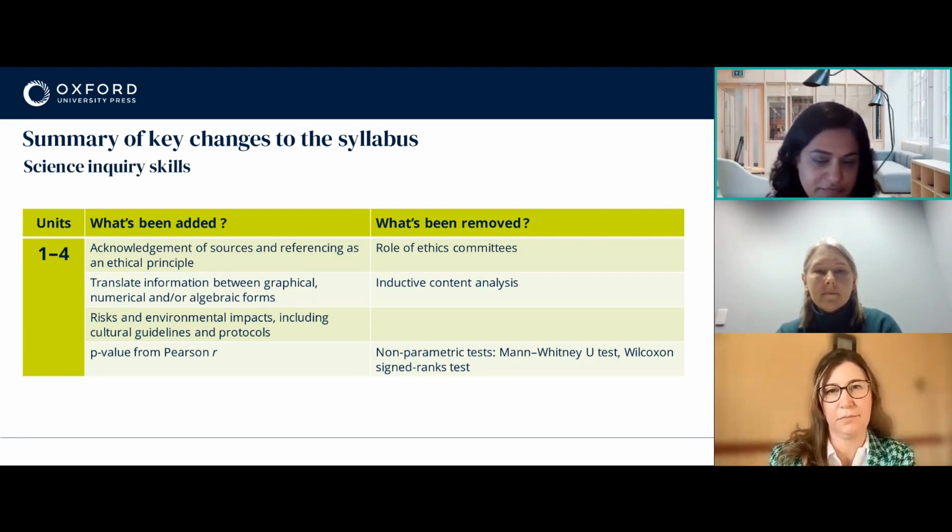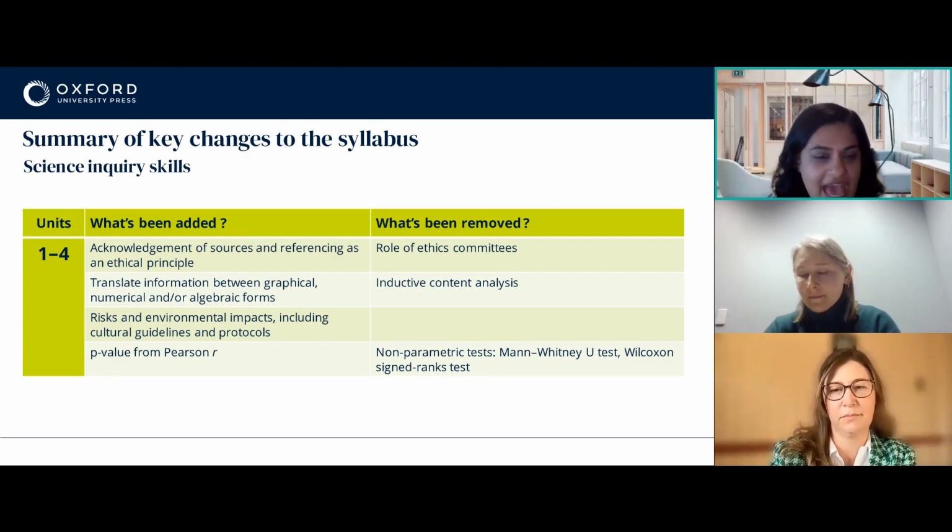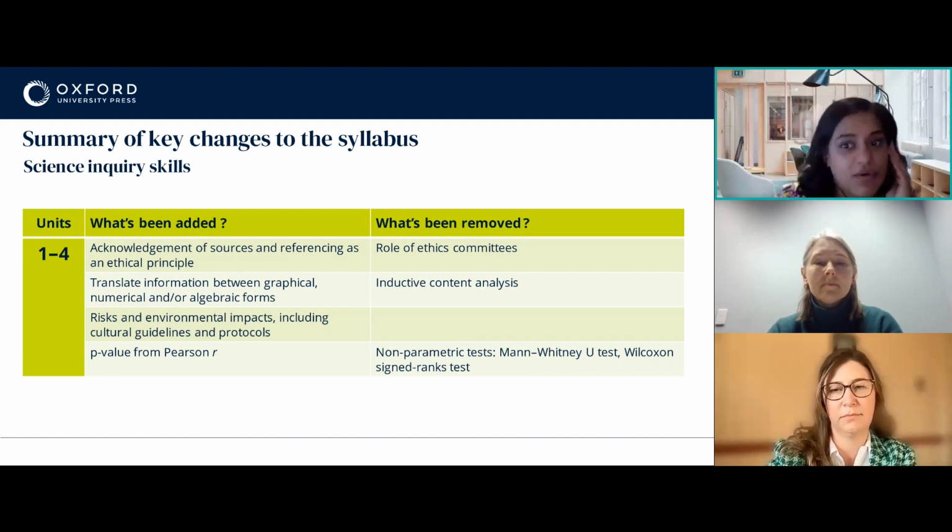Things that have been removed are the ethics committee, inductive content analysis, which I don't think anybody really talked about, and it never really appeared in external exams, so that was great. And the big thing was the removal of non-parametric tests, Mann-Whitney U and Wilcoxon sign rank test.